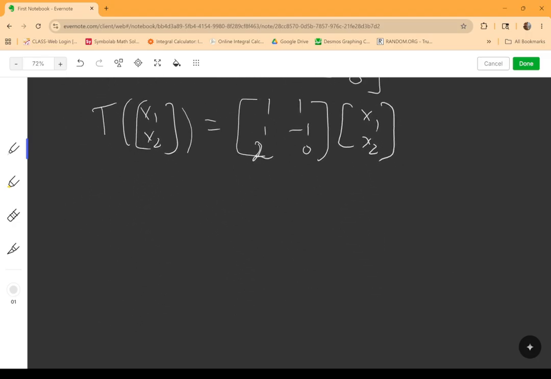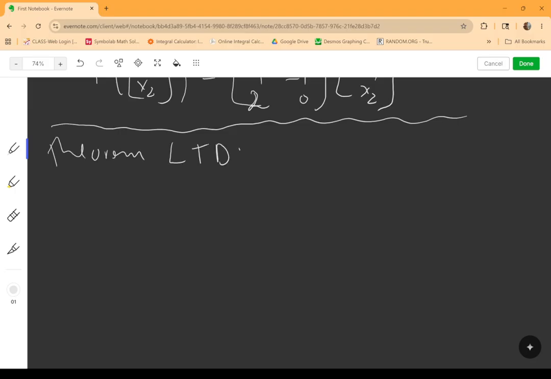Now, this leads us to our last theorem to wrap up this section, the culmination of what we've been talking about. This is theorem LTDB.